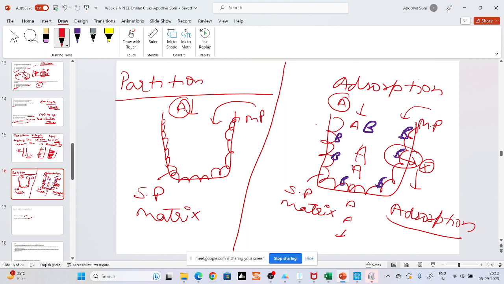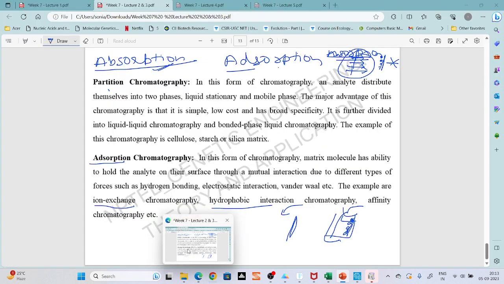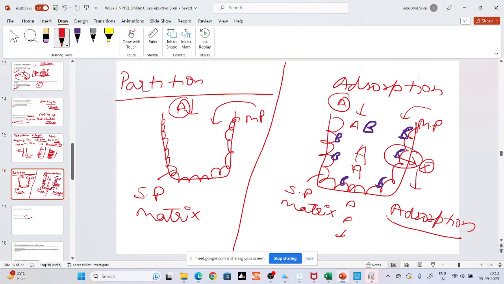And the other kind of chromatography is partition chromatography. Now, in partition chromatography, the stationary phase is also liquid.